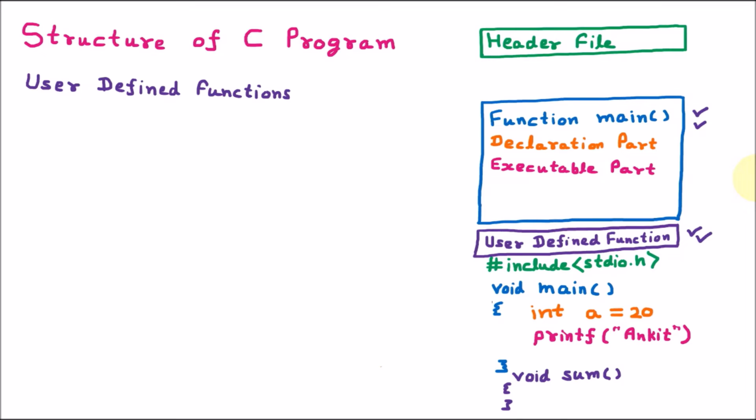So this function is outside the main. So this sum function is outside the main. And also this function name is user defined. Here we can provide any line as per our requirement. Let us suppose that in this sum function, I want to display the sum of two numbers. So simply I can say, let us suppose, printf.